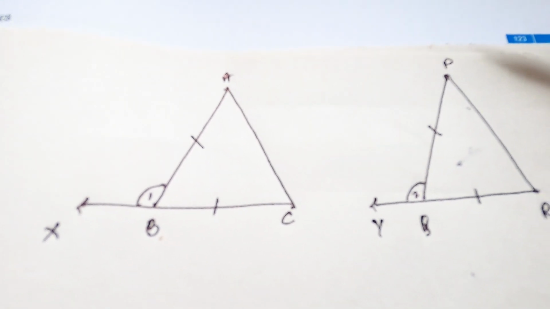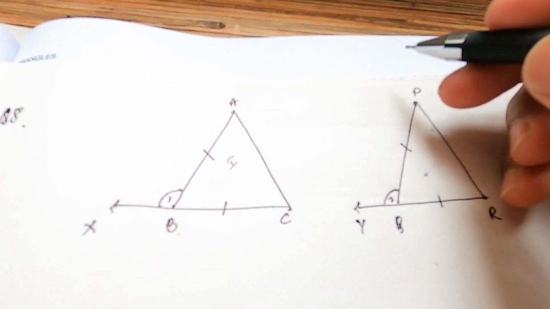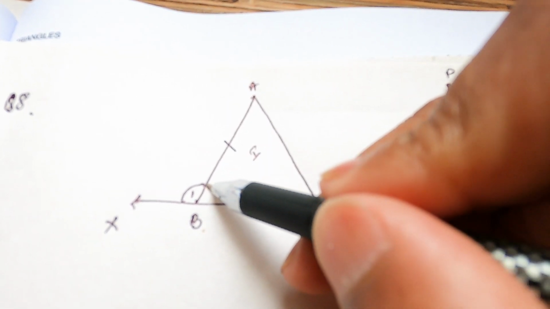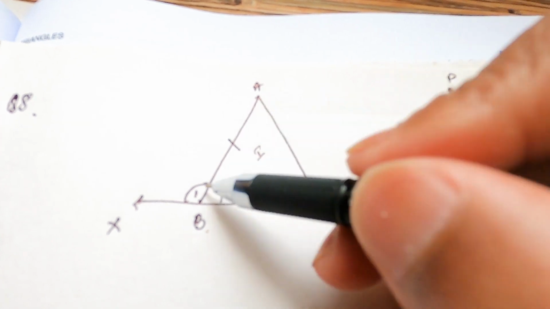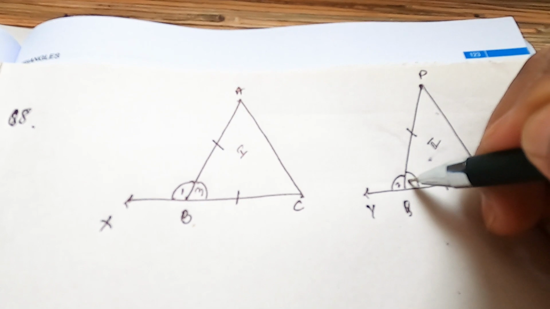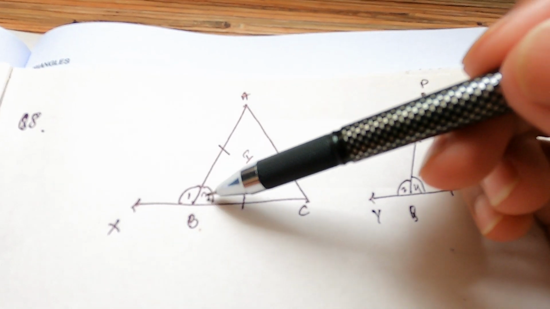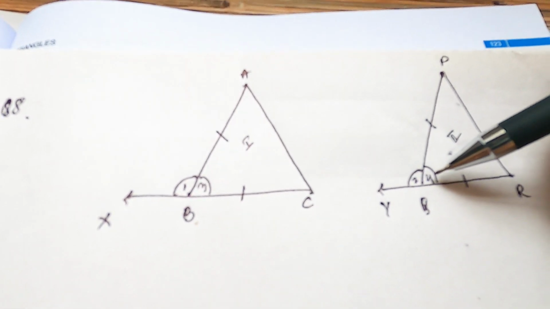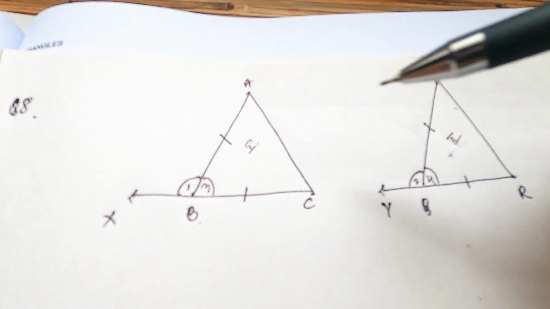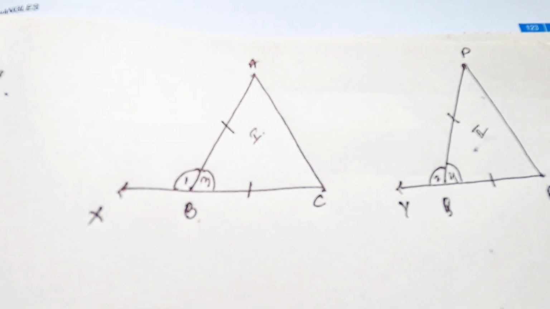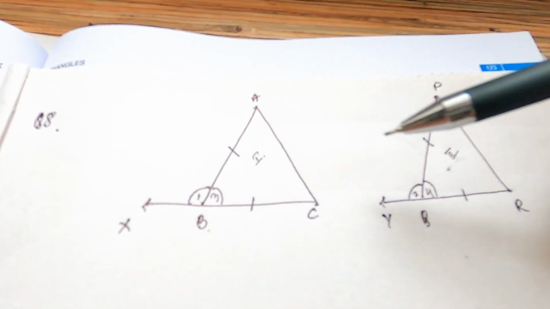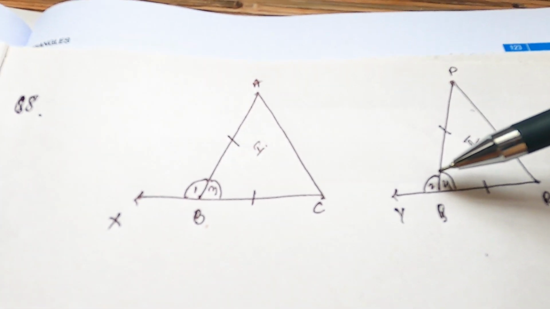To show that triangle 1 is congruent to triangle 2, if we can only show angle ABC, let us name this as angle 3 and this is angle 4, that angle 3 is equal to angle 4, then we can show that the two triangles are congruent. So now we know that angle 1 is equal to angle 2.